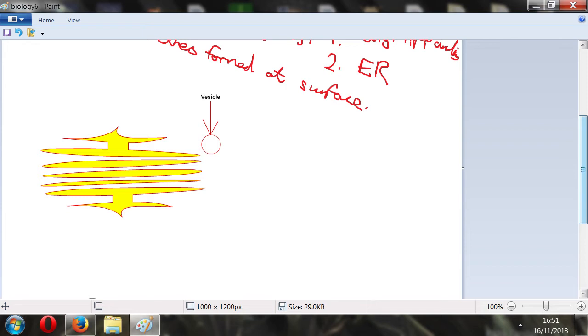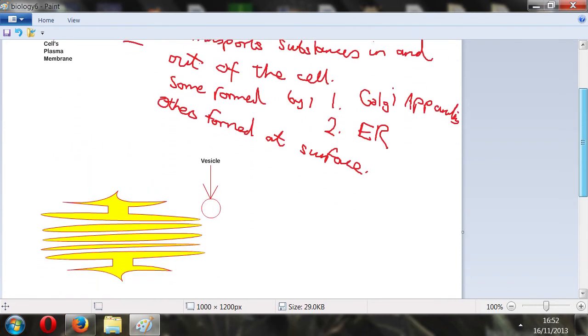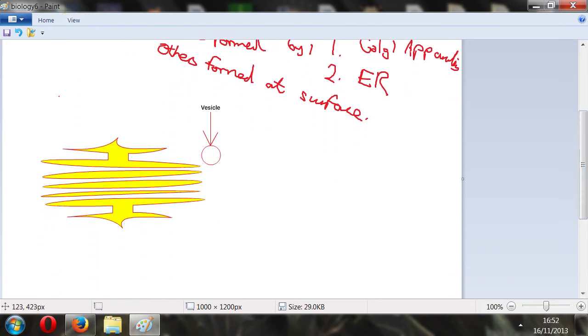Okay, so here we can see the proximity of the vesicles with the Golgi apparatus. To continue from that, I put vesicle there, I haven't actually labeled it here.